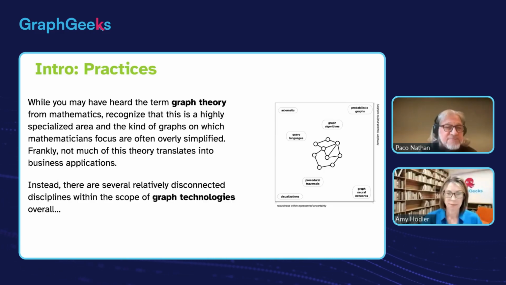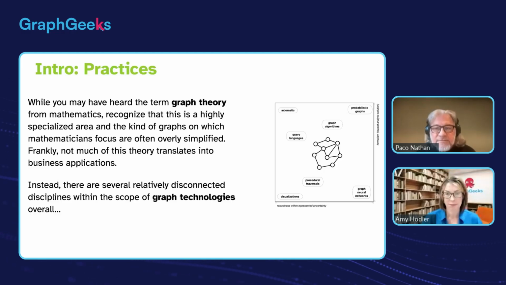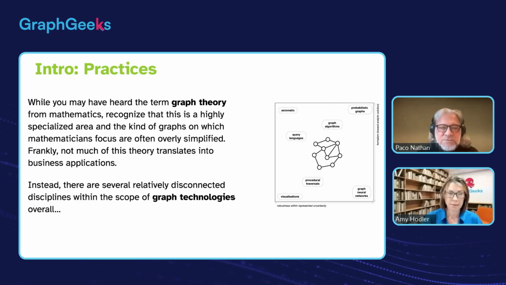Graph theory is actually fairly specialized. And a lot of the mathematics in graph theory, to some extent, is purposely simplified. One might say overly simplified. They don't really apply to a lot of the industrial problems that we're talking about. A lot of the theory might inform certain parts, but it doesn't really translate into contemporary business applications.